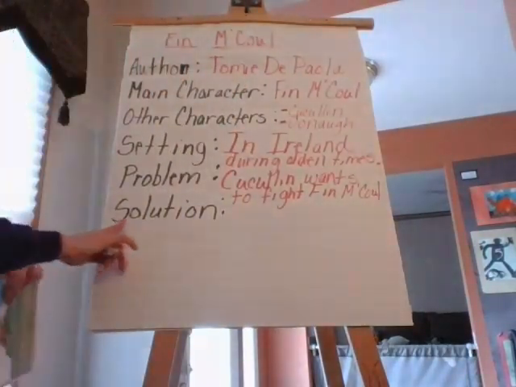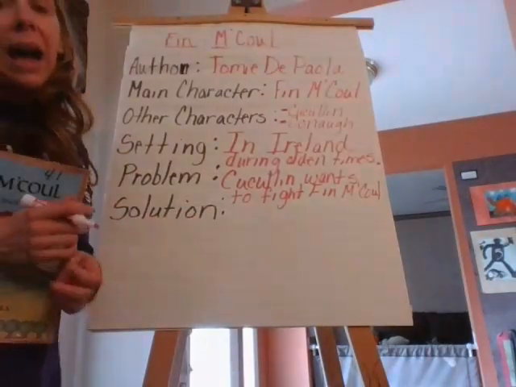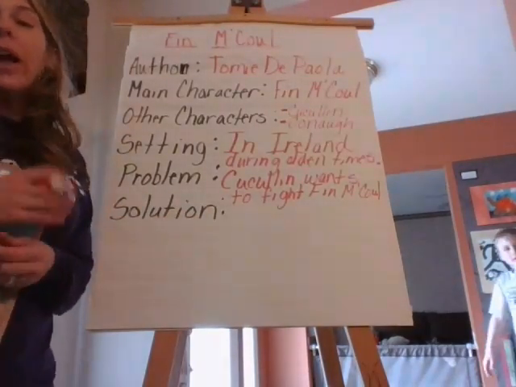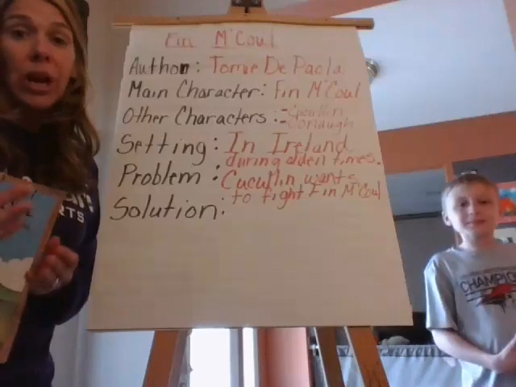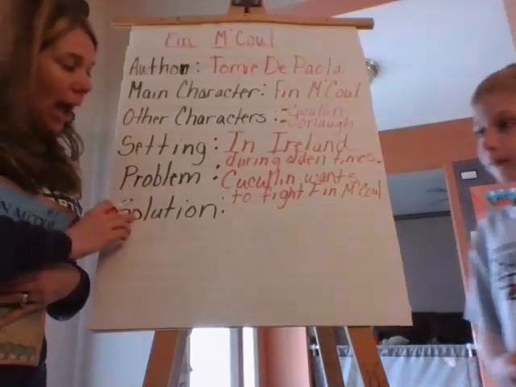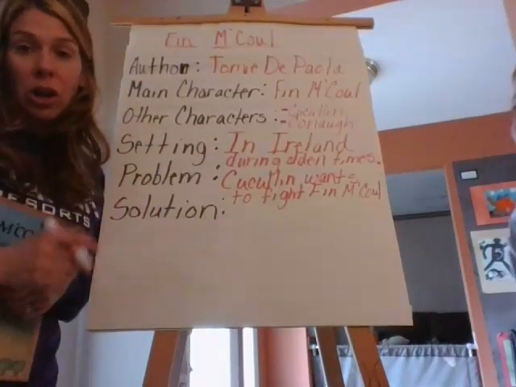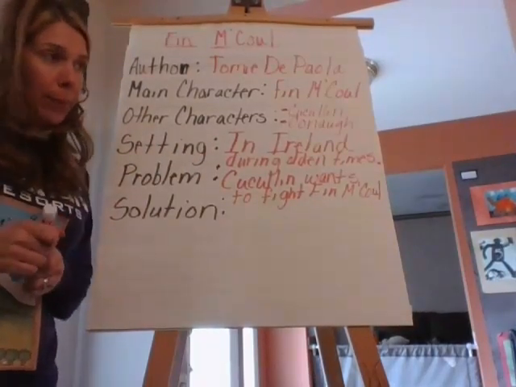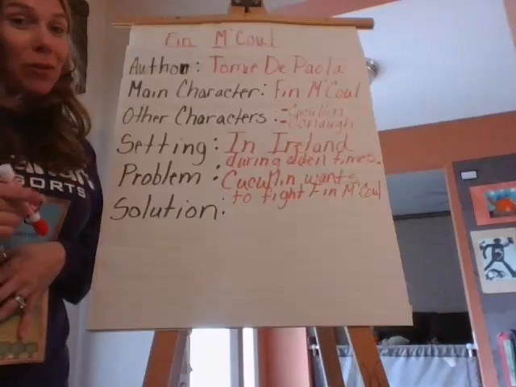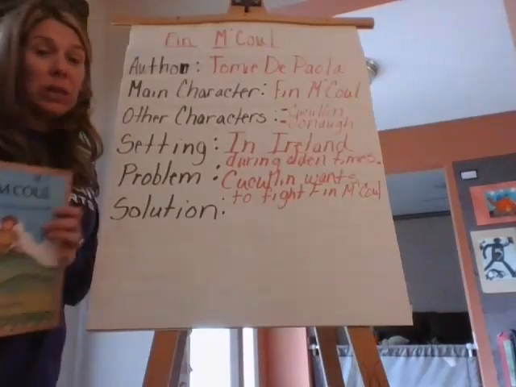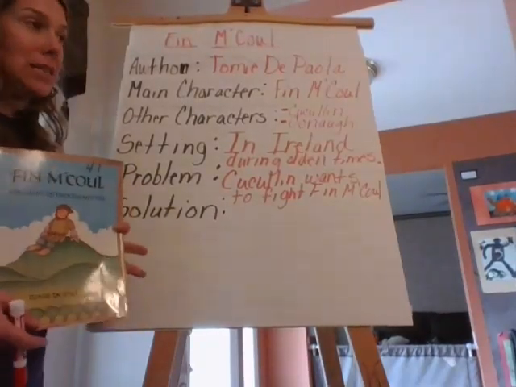Okay, and then our solution. The solution is how the problem is solved, and a lot of times it's basically how the story ends. So, how did Finn solve his problem with Cucullin wanting to come and beat him up? Actually, Finn didn't solve his problem, his wife did. What did Una do? Go ahead and tell me now.